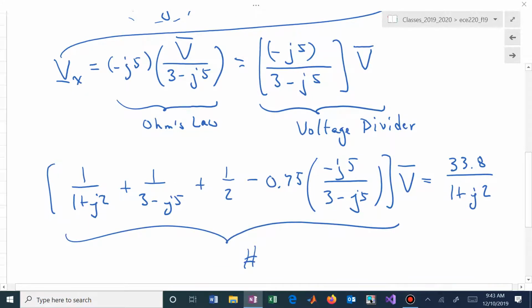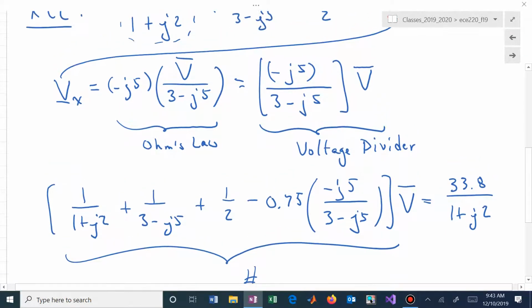That's just some number, and you can divide both sides by that complex number and solve for V. So this is going to get you doing your complex number gymnastics.